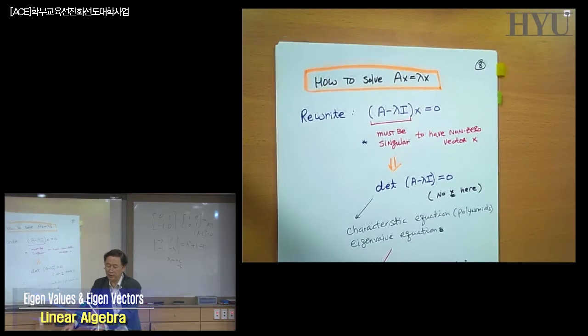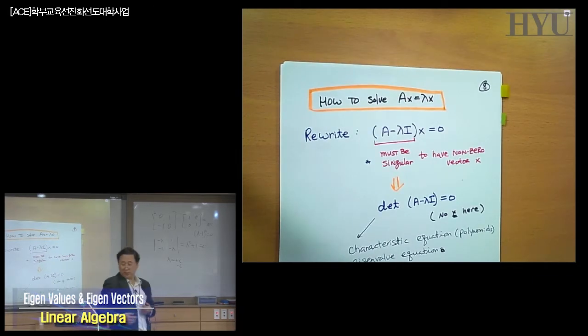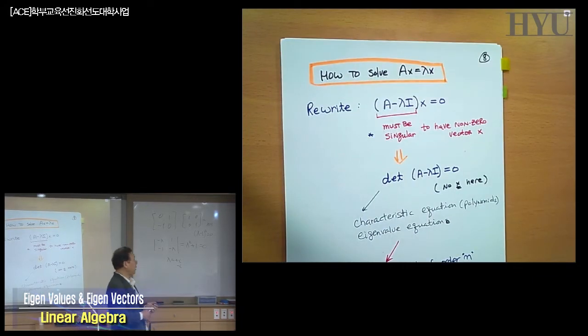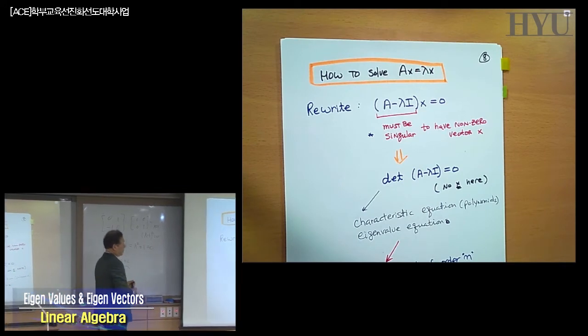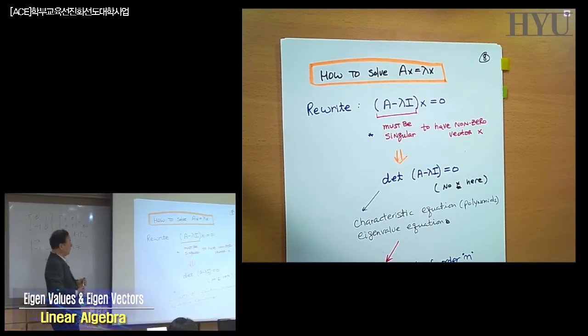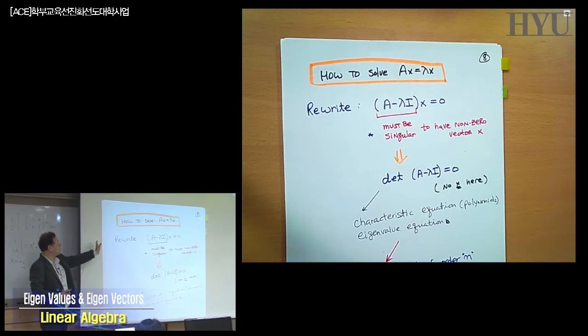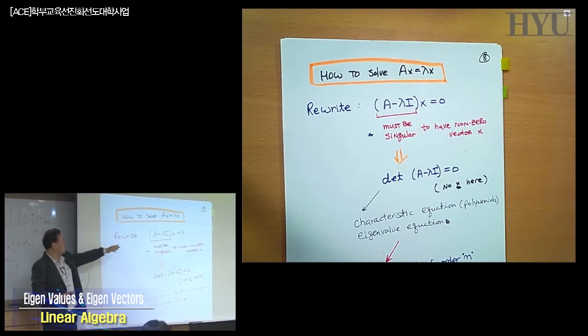I just explained using examples. This is a summary of how to compute these eigenvalues and eigenvectors. Basically, you just rewrite the equation to (A minus lambda I) x. That A minus lambda I should be singular for an eigenvalue, right? That means the determinant should be 0.